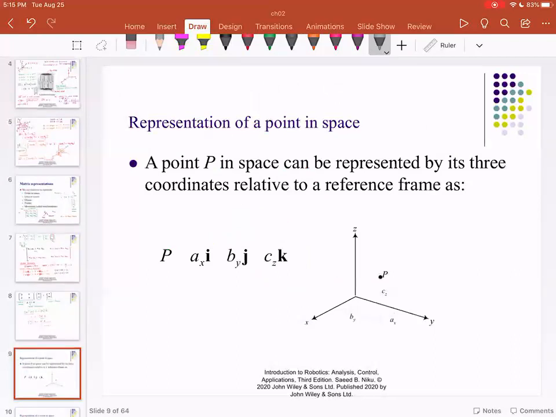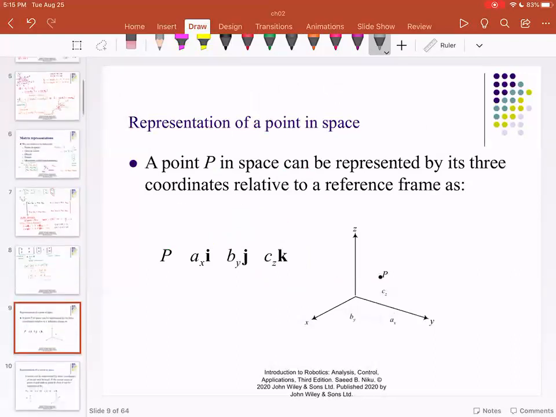For example, if you have a point in space, that can be represented as P is equal to AX I plus BY J plus CZ K. And I don't know if you can notice this. CZ is the distance in the Z direction, AX is the distance in X direction, and BY is the distance in Y direction.